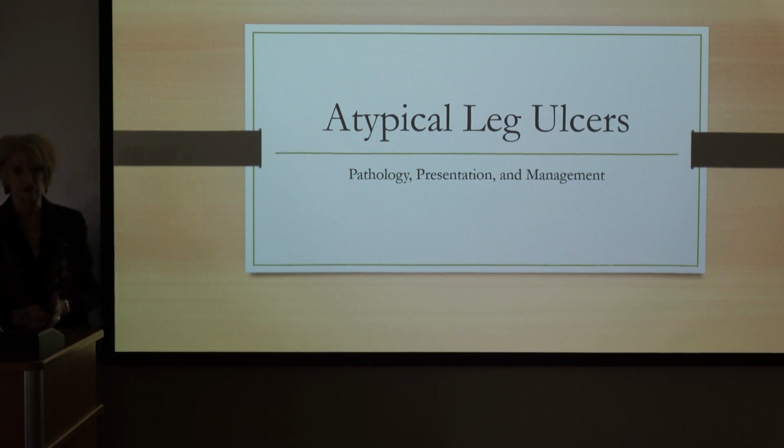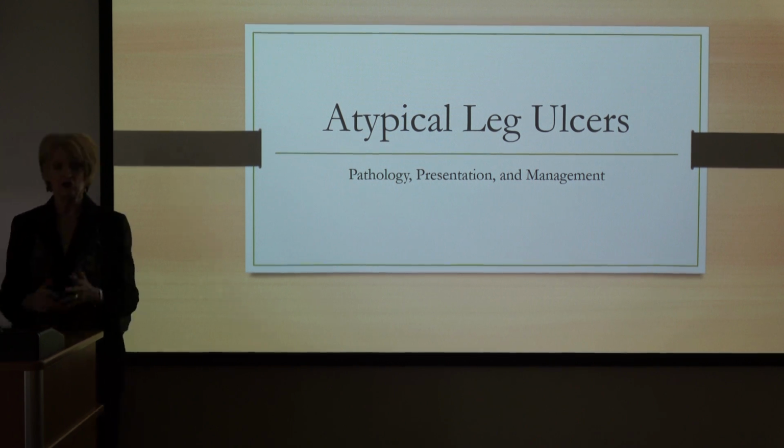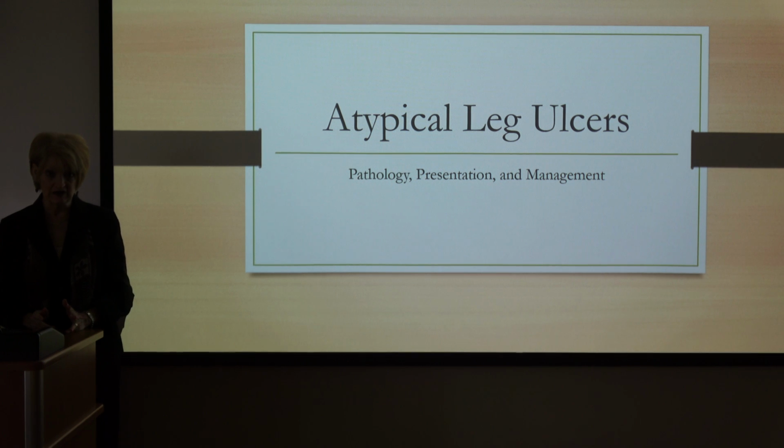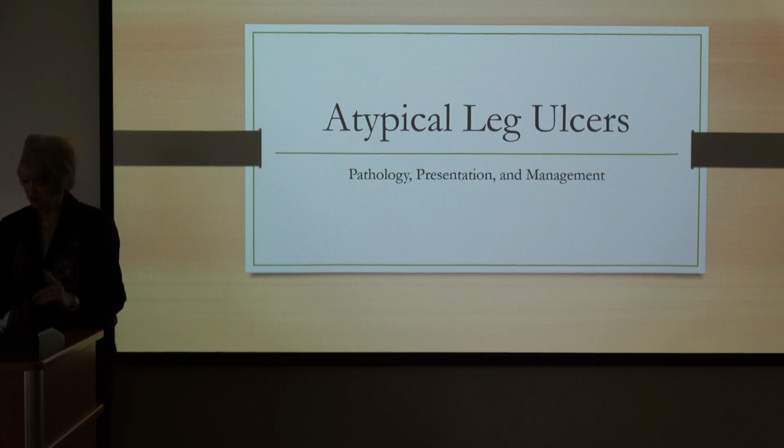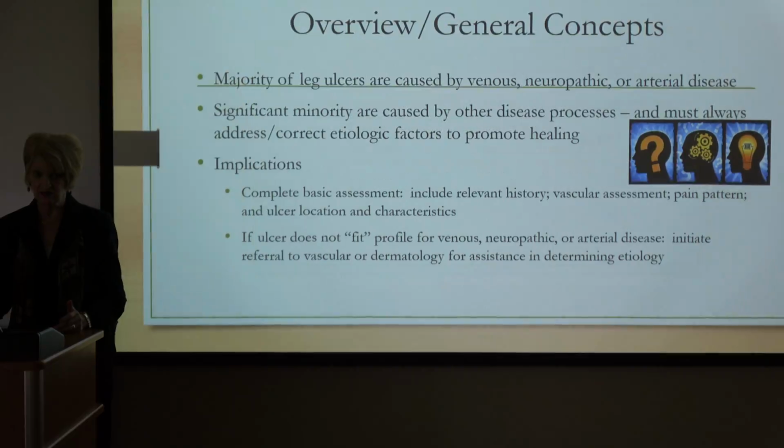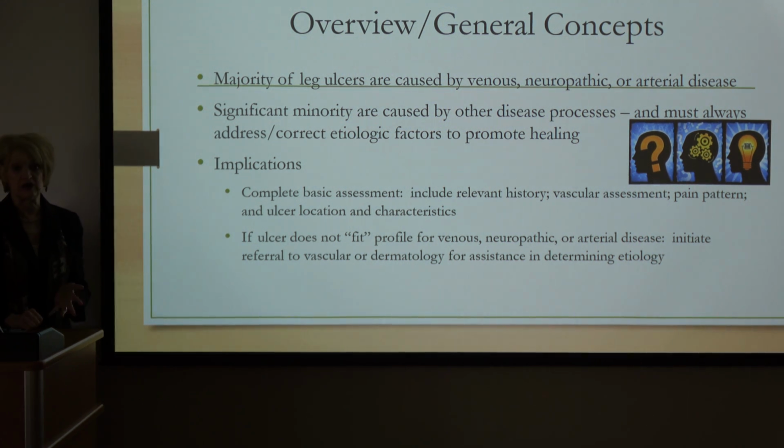When you look at a patient with a lower extremity wound, your first goal always is to identify the etiologic factor and to address either that factor or factors. Sometimes it's more than one. So you go back to what do we know? We know that the majority of leg ulcers are going to be caused by the big three: venous disease, arterial disease, neuropathic disease, or possibly some combination of those.